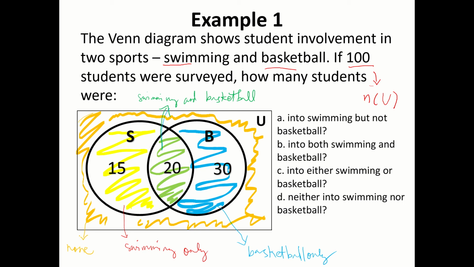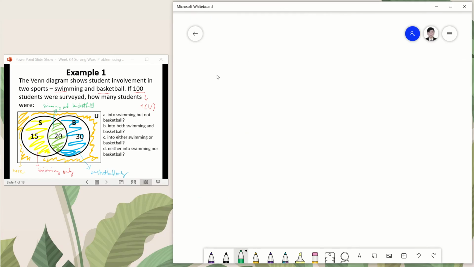So let us answer each question in here. Let's try to answer A first. In example 1, A: how many students were into swimming but not basketball?